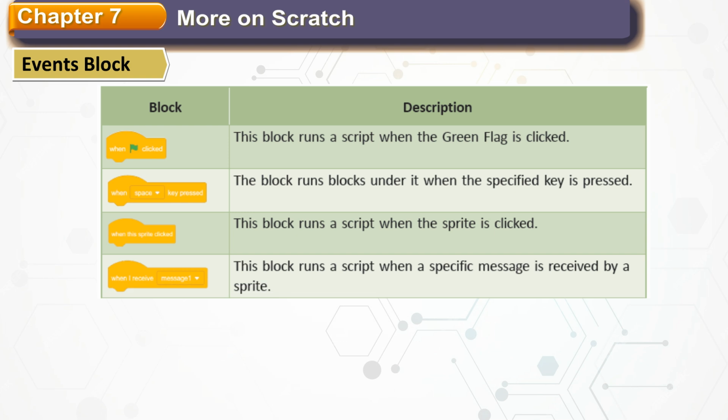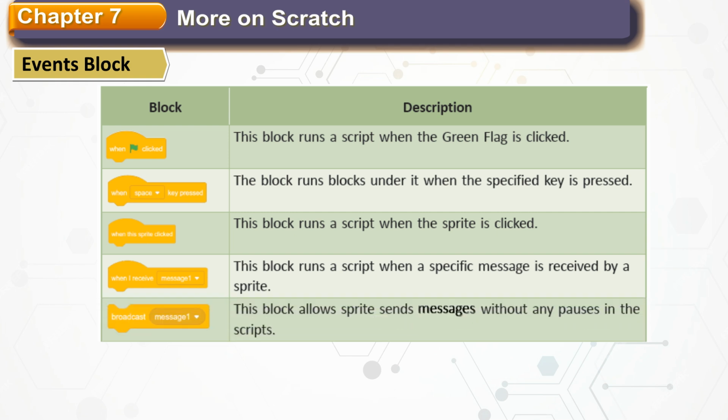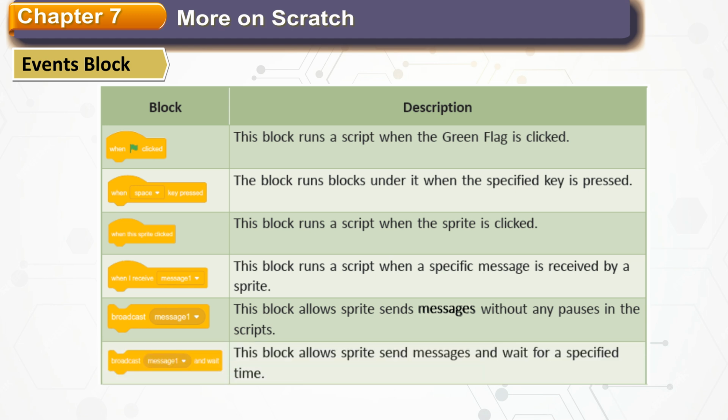When I receive message, this block runs a script when a specific message is received by a sprite. Broadcast message. This block allows a sprite to send messages without any pauses in the scripts. Broadcast message and wait. This block allows a sprite to send messages and wait for a specified time.